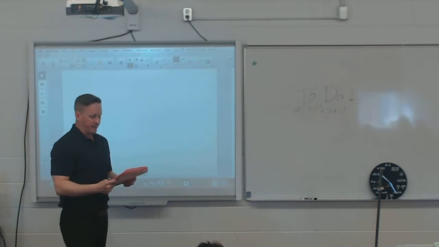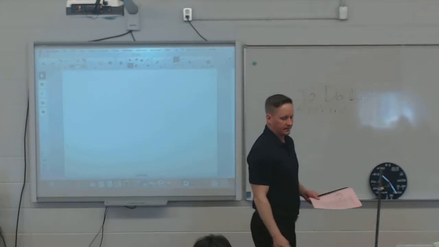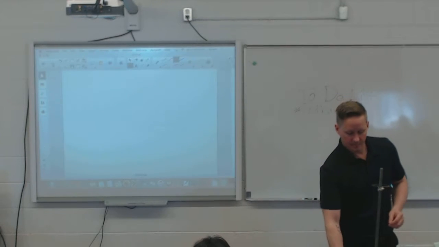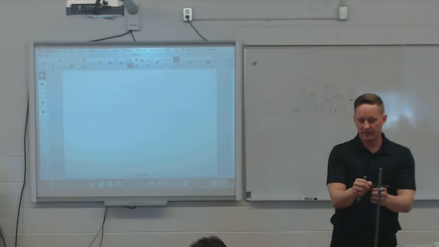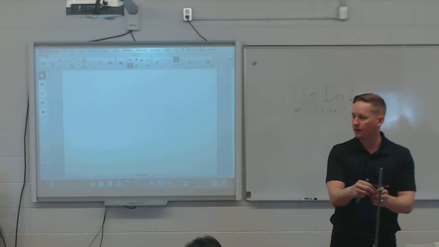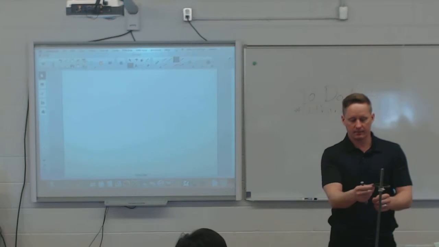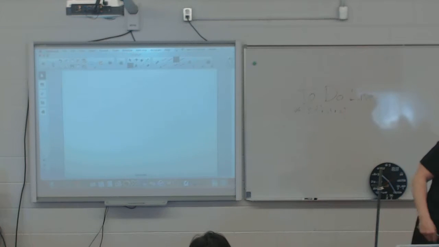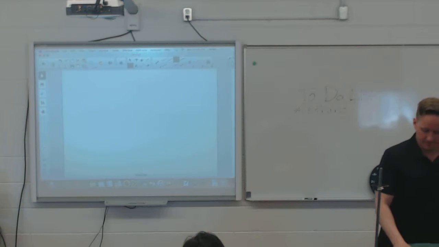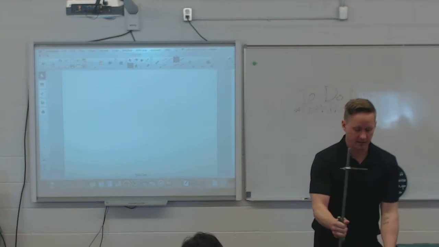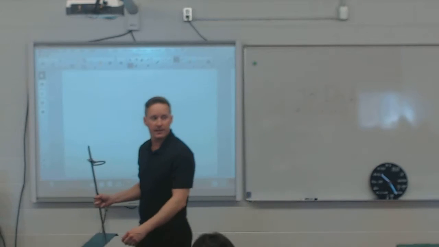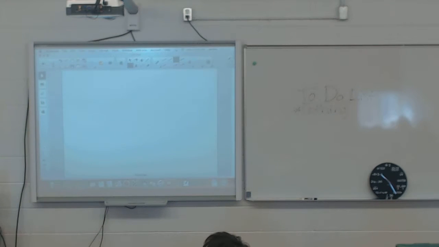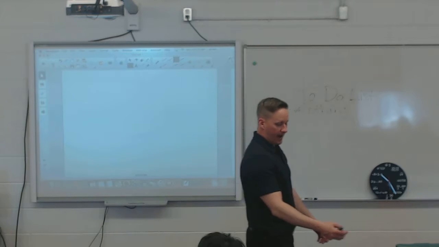Conductor and insulator. Do we know the difference between a conductor and an insulator? What's a conductor? It can store or transfer electricity, right? What's a good conductor? Any metal. Okay, what else? Water is a very good conductor as well, obviously. Hence we don't put anything that's plugged in in a sink, right?